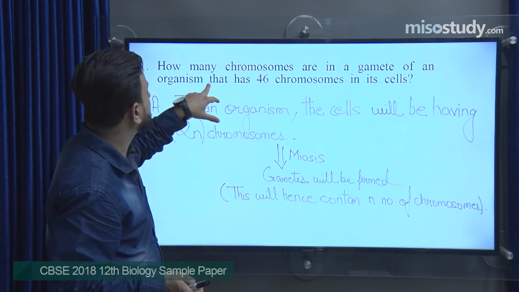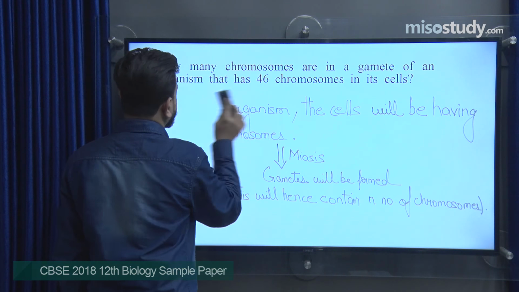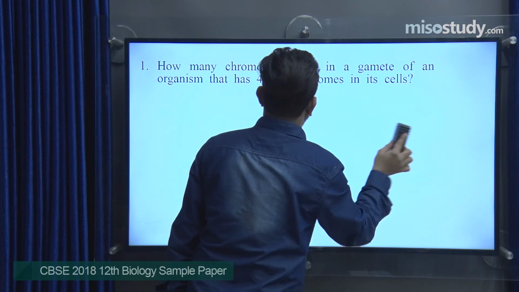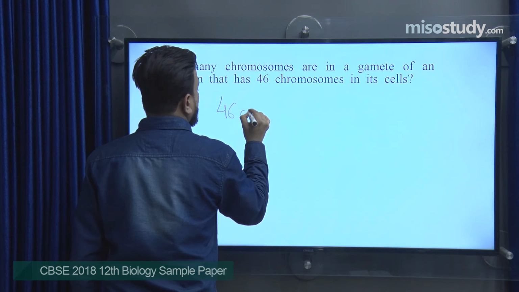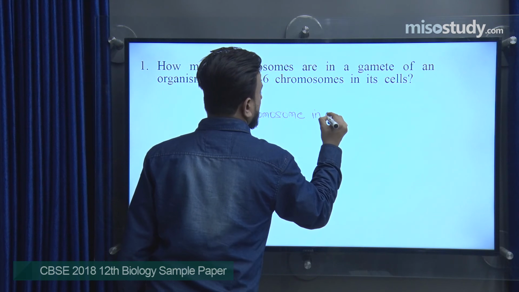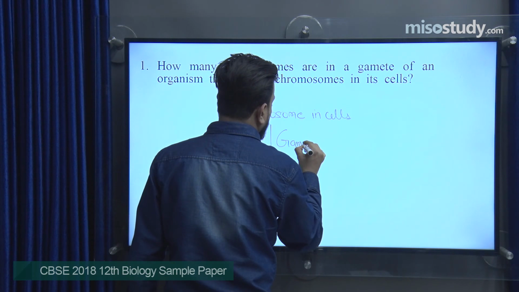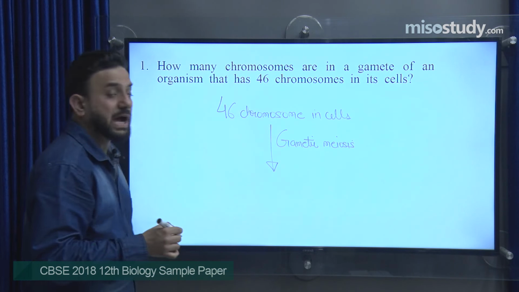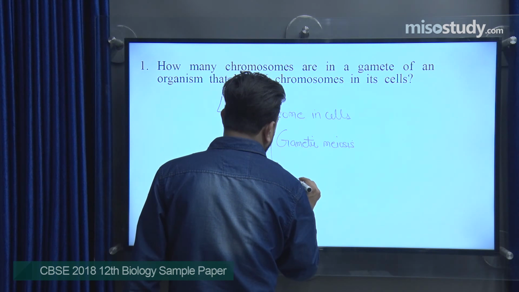How many chromosomes are in a gamete of an organism that has 46 chromosomes in its cell? Now I will write this as: 46 chromosomes in cells, gametic meiosis, and hence in the gamete there will be 23 chromosomes formed.